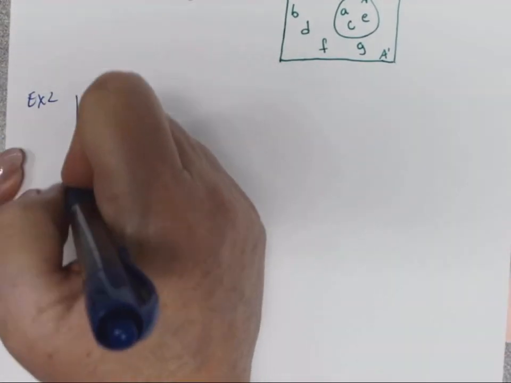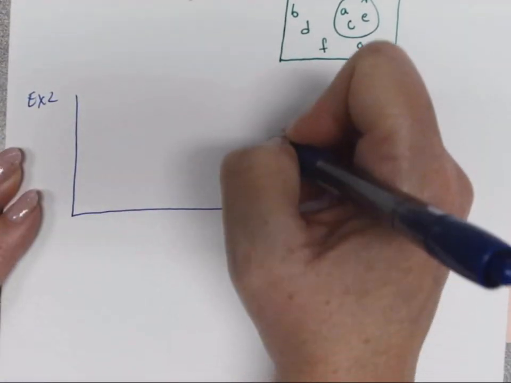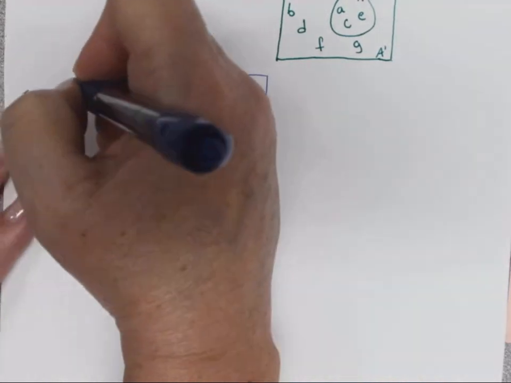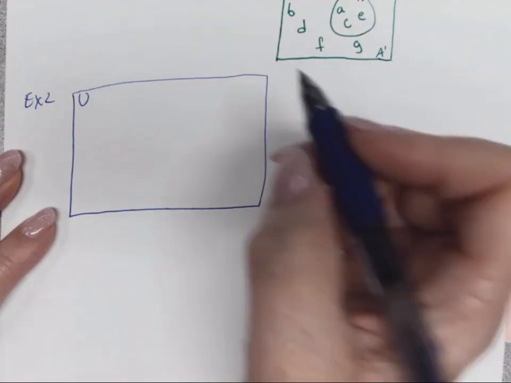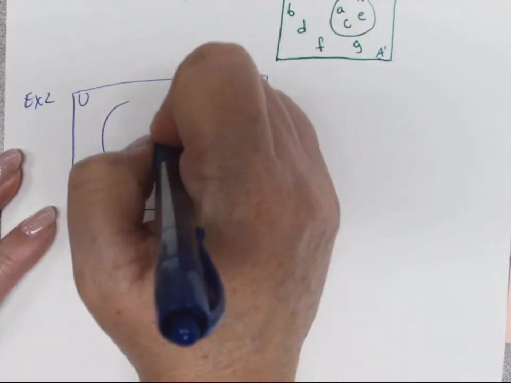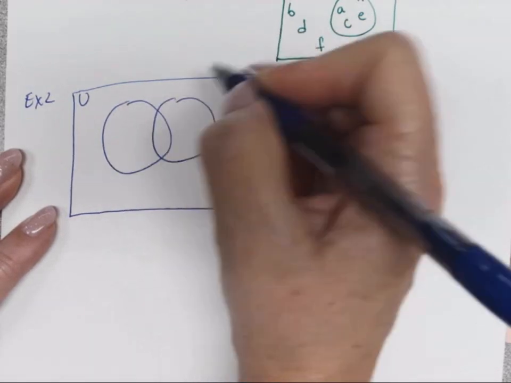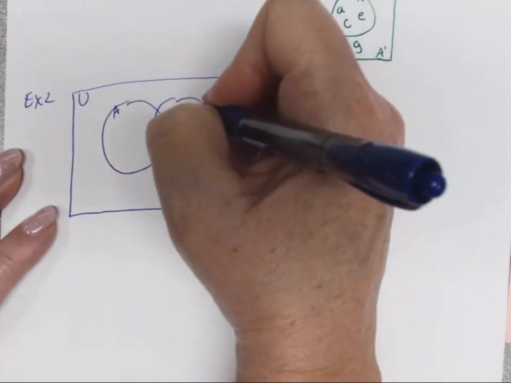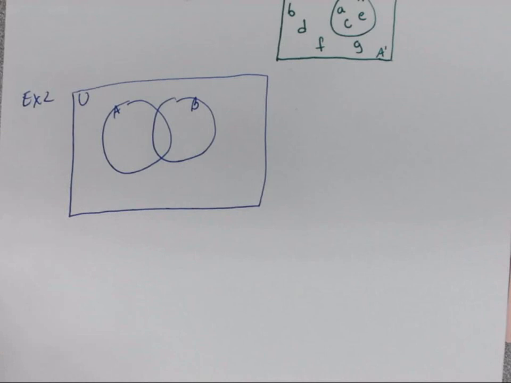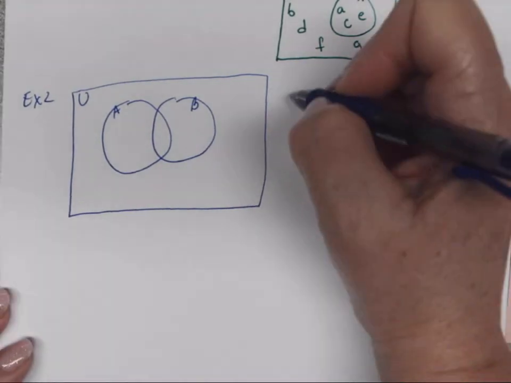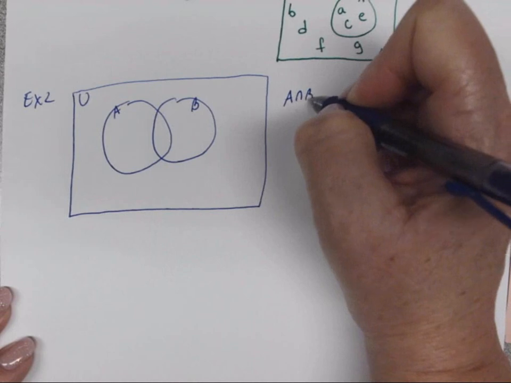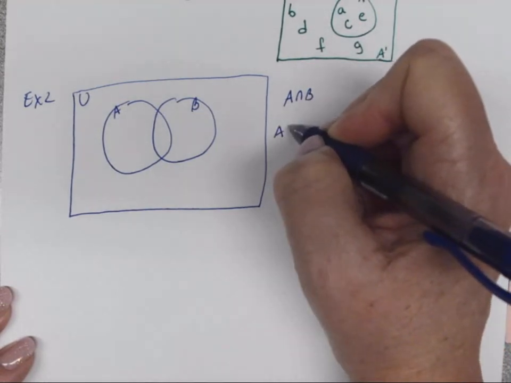And we're going to have a universal set. And we're going to have set A. And we're going to have set B. So this is A and this is B. Now, first, before we write anything in there, we're going to need to figure out what the intersection is and what the union is.